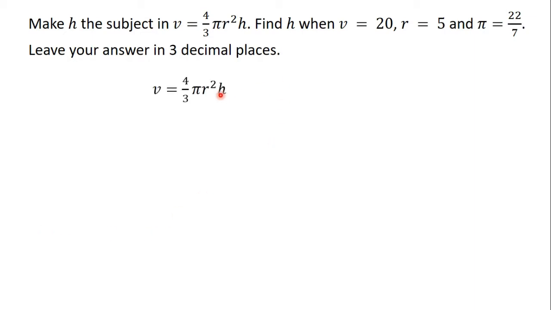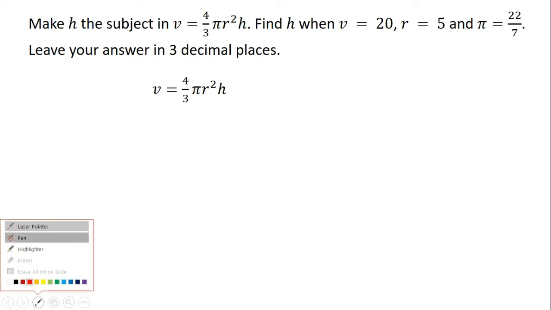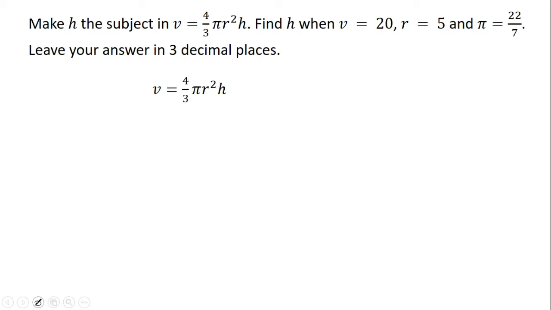So this is our equation, and it involves a fraction. When the equation involves a fraction, what do you do? The first thing you need to do is to identify the fraction in the equation, or the fractions in the equation. Fortunately for us, in this equation, there is only one fraction and the fraction is 4 over 3.